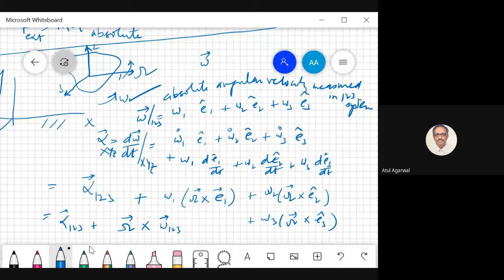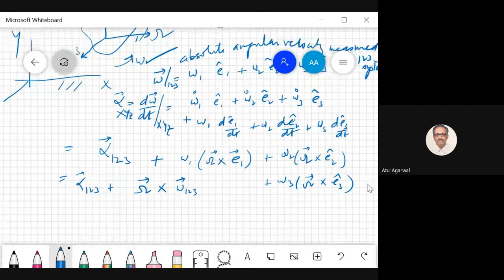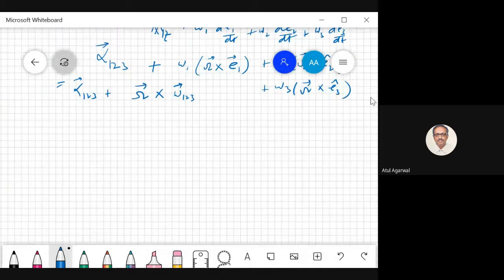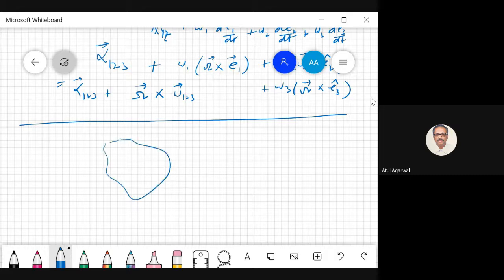Okay. You take the center of mass of the body. You have a fixed system.